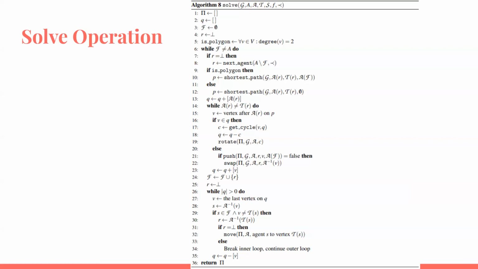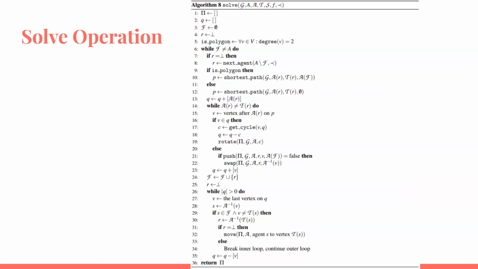When moved off of their destination, they are stored in Q and referred to as resolving agents. And when they get returned, they are returned to their title of finished agents. If a resolving agent is moved by a rotate, it actually returns anyway. And that's shown in the rotate function.